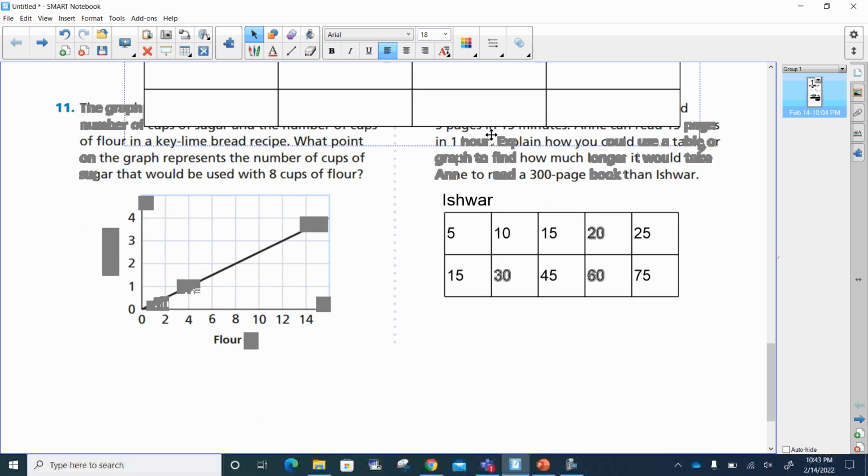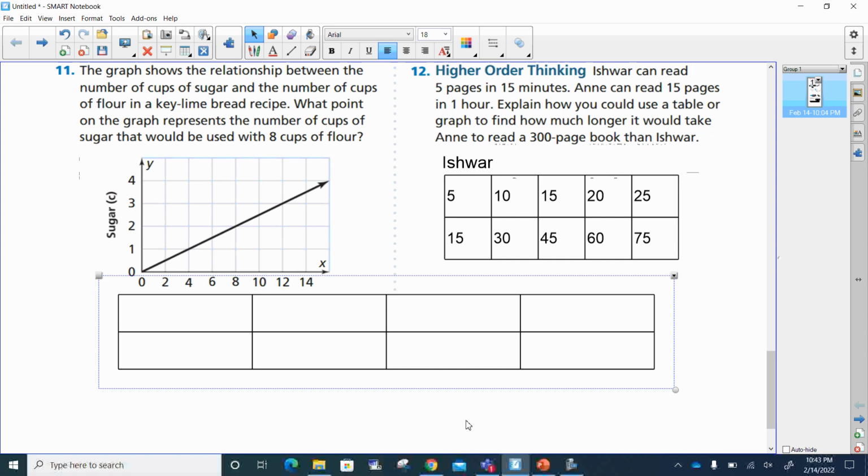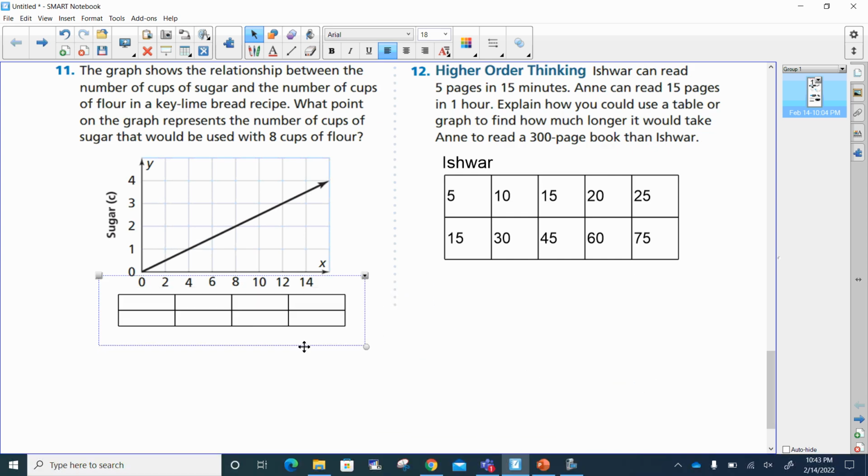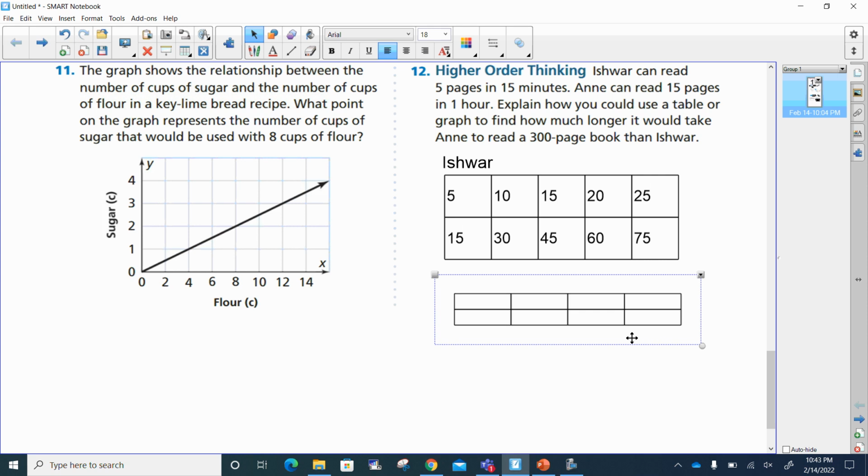Okay, and we bring this down. Anne's table, we're just going to put 4 of them in here because we won't need as many. And let's go ahead and highlight all of these.